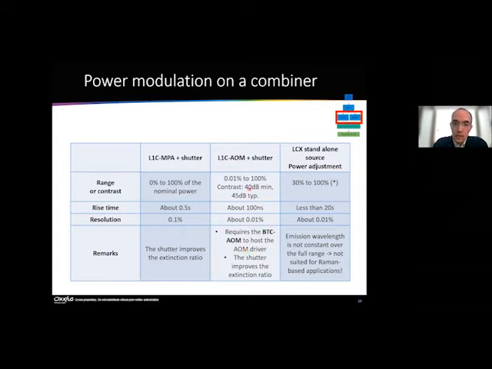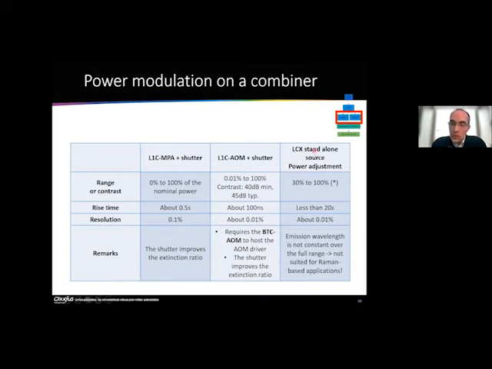There again, the on-off contrast is limited. It's typically 45 decibels, and the shutter allows the user to improve this extinction ratio, so to have a full extinction when the set point is nil.